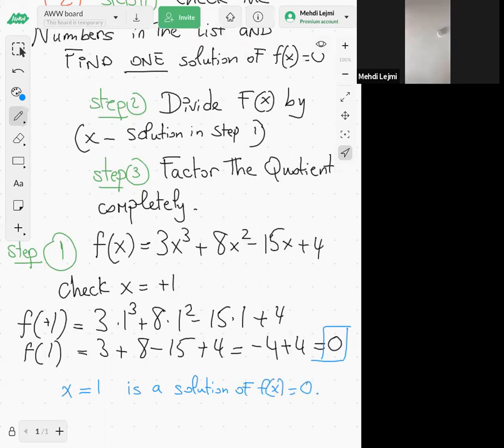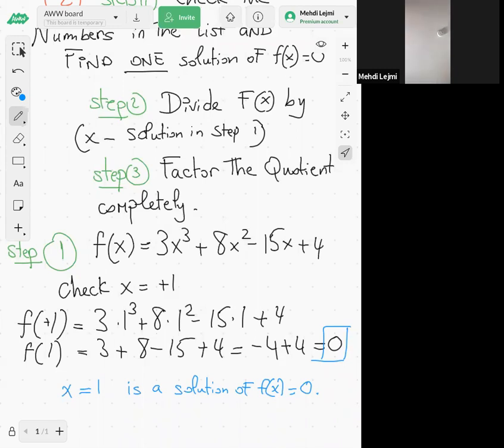Here I'm kind of lucky because the first number I checked was positive 1 and it was a solution. If it's not a solution, we have to continue with the other numbers in the list until we get a solution of f of x equal to 0.